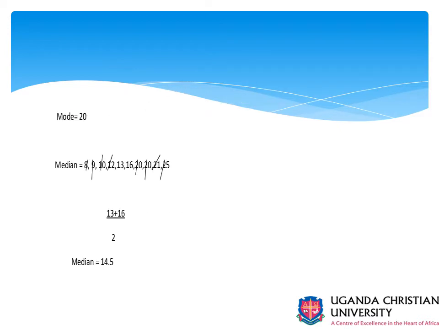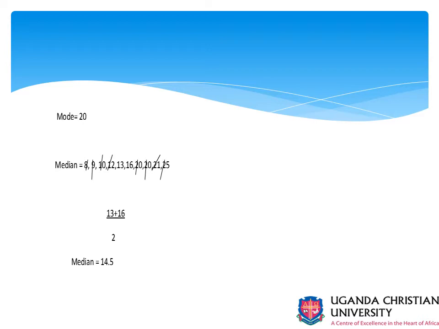Then how do we find the mode? Mode of ungrouped data, or mode for simple data, is simple. You just have to look out for a number that appears most often, and that is the mode. If you have two numbers that appear almost the same number of times, that is bimodal.